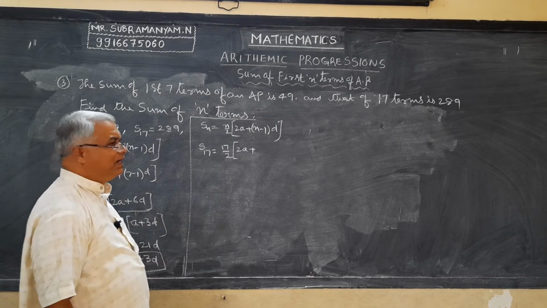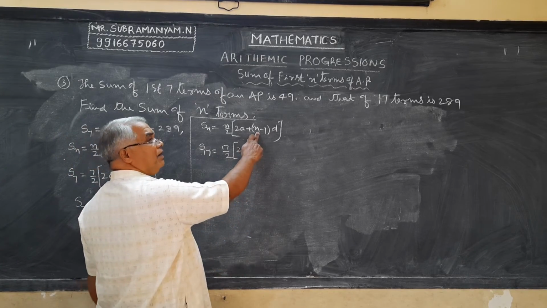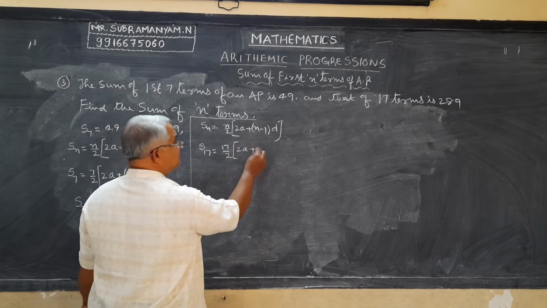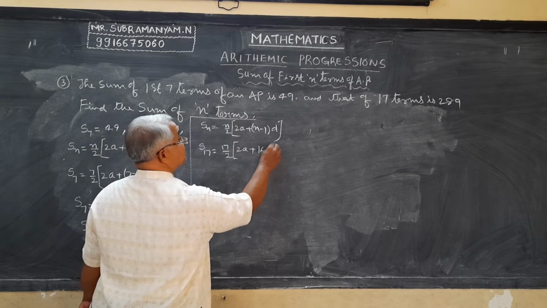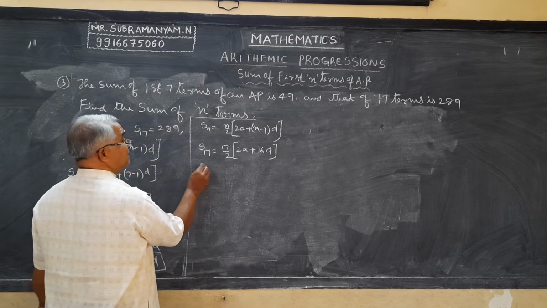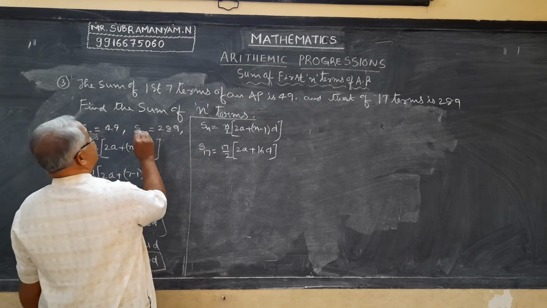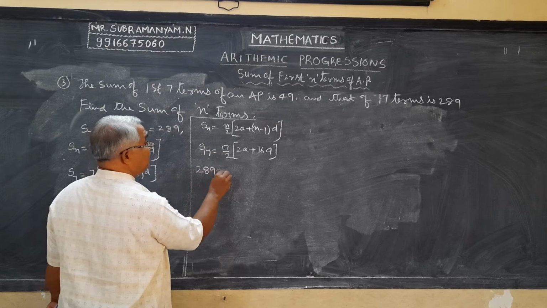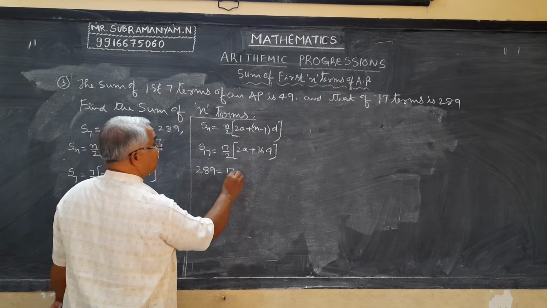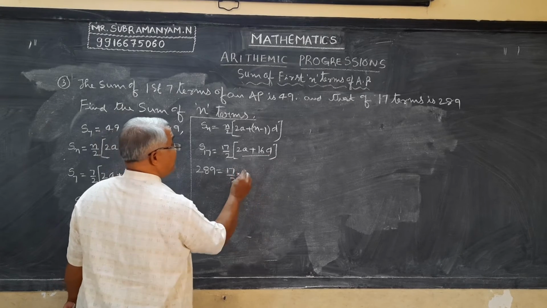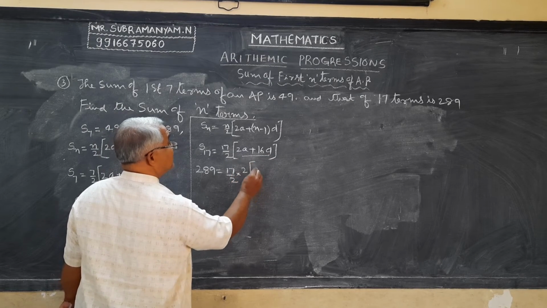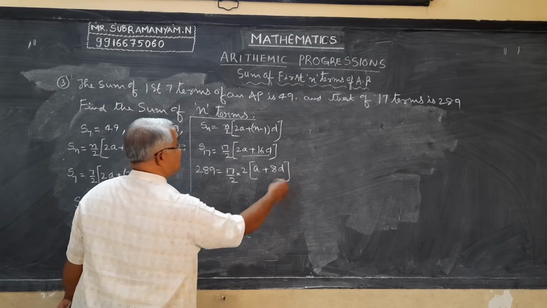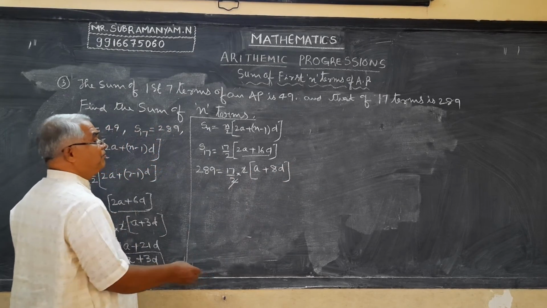What is the value of n? Here, 17. 17 minus 1, how much? 16. Now, the value of S17 is 289. 289 equal to 17 by 2 into, from this we take 2 common, a plus 8d. We cancel 2 and 2.